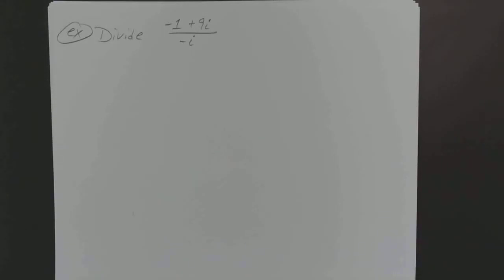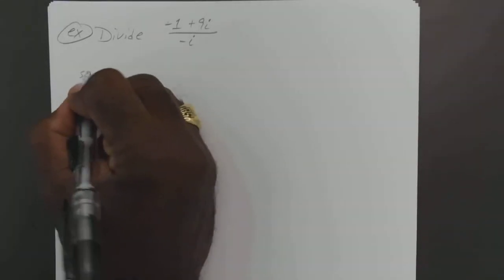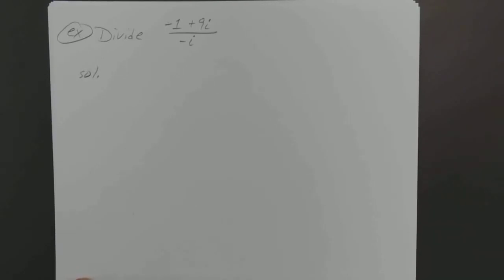Alright, so for this one, okay, you want to remember whenever you're dividing, you want to multiply both the numerator and the denominator by the complex conjugate of the denominator.